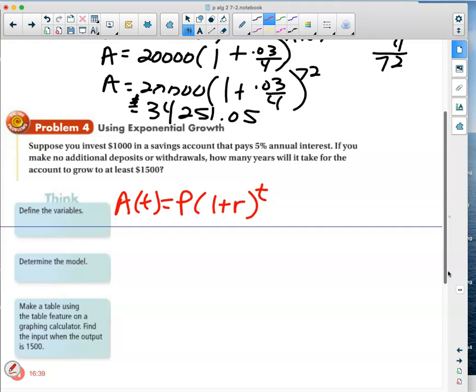Now, we want to know if we put $1,000 in, when will we get at least $1,500? So this time we do know what we're supposed to get for an answer. It's supposed to be 1,500. So we've got 1 plus, what's our interest rate as a decimal? 0.05.